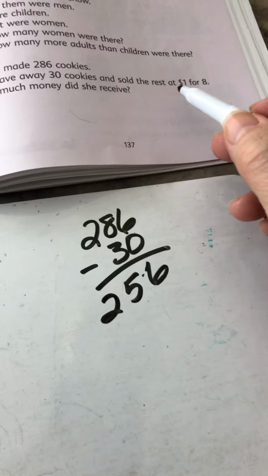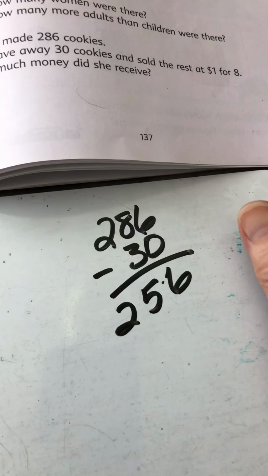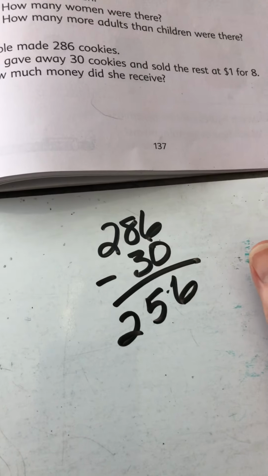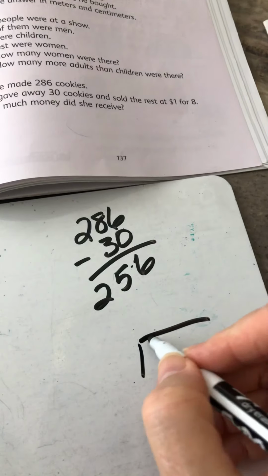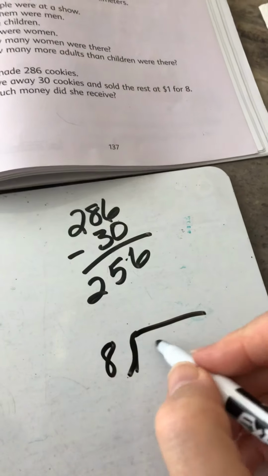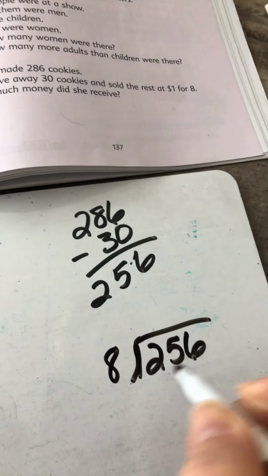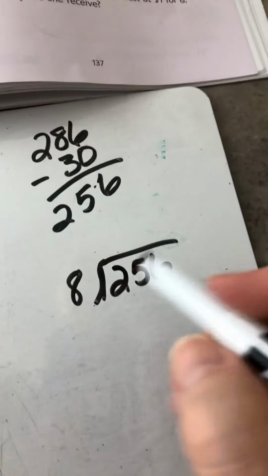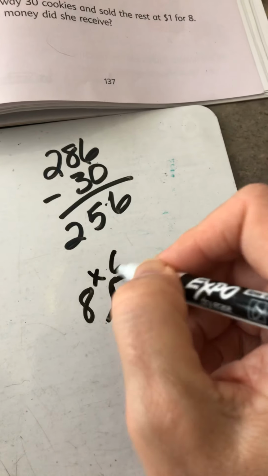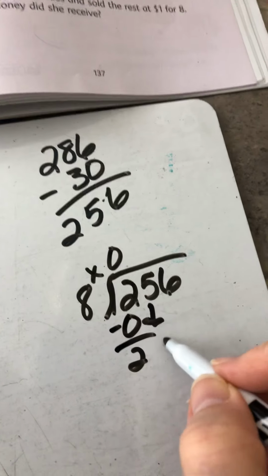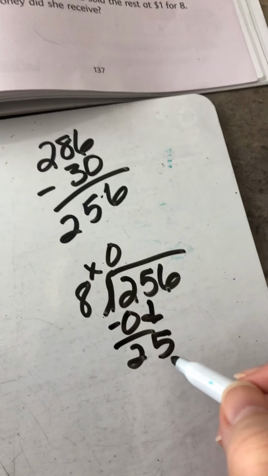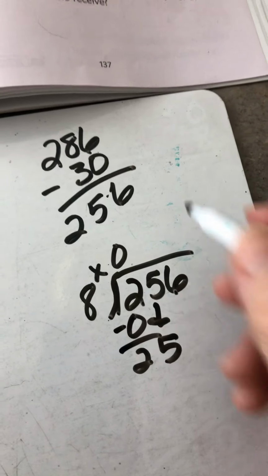Well, if we're grouping these other ones together at 8 apiece, oh, here comes that division. 256 divided by 8. 8 times what? Well, 0 gets you there. Bring down my 5. 8 times what gets you close to 25?